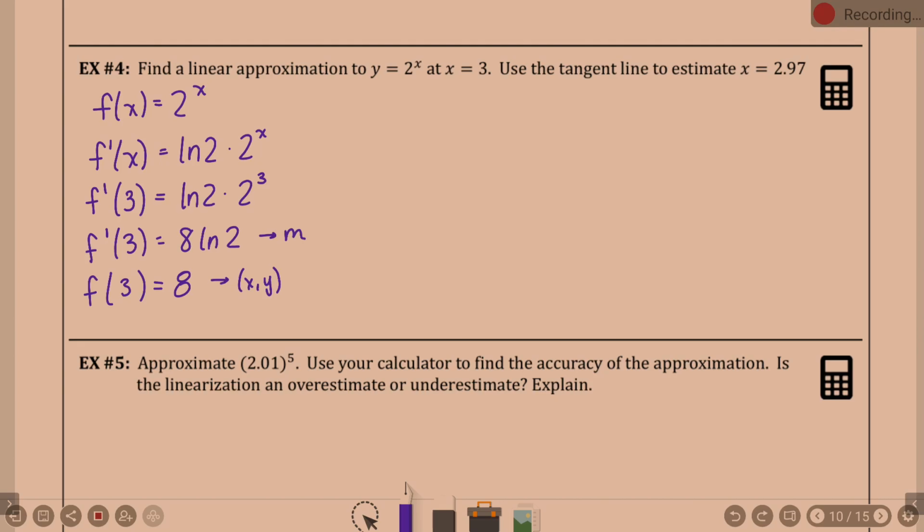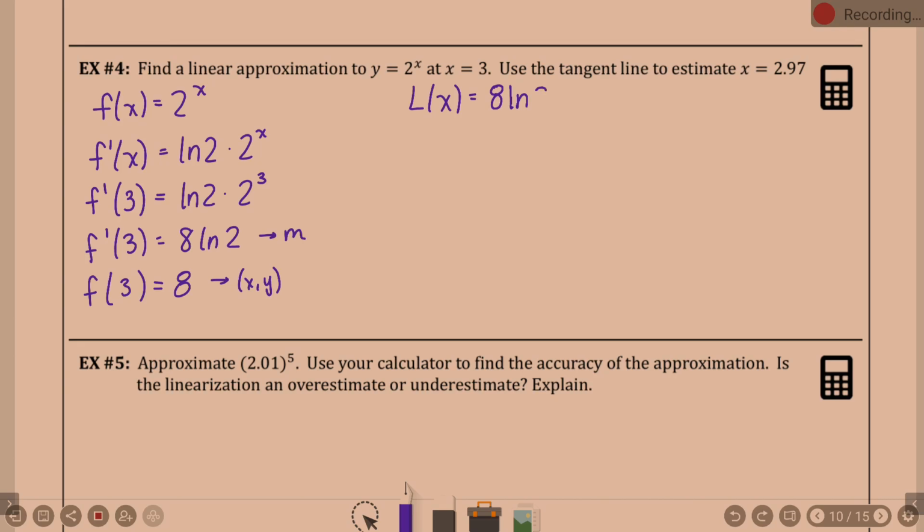So let's go ahead and write our linear approximation. I do just have L of x here. I didn't write the actual f of x, so L of x. Okay. What do we want to put, the slope first? Sure.